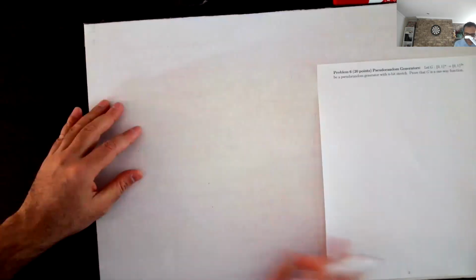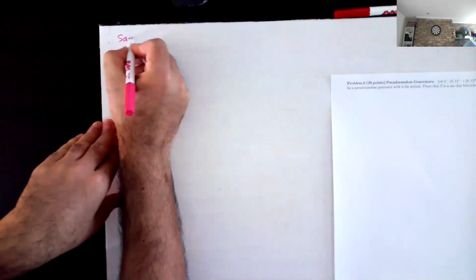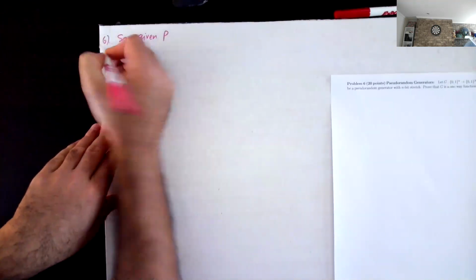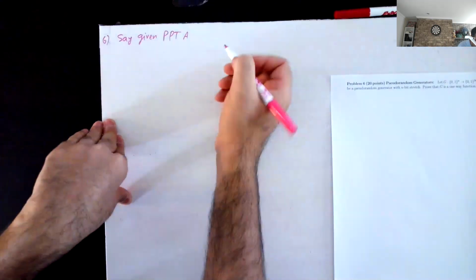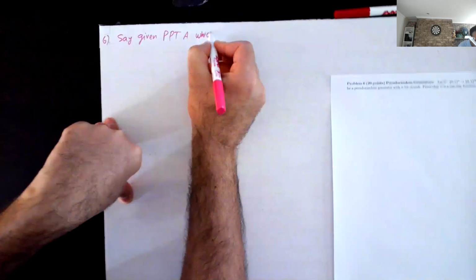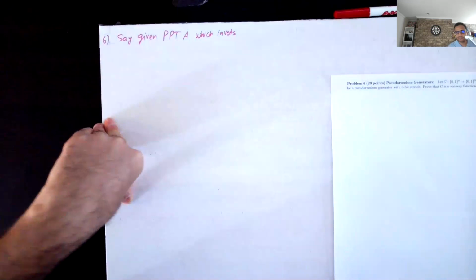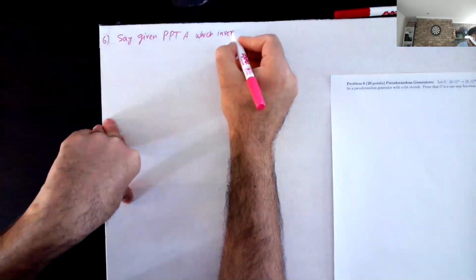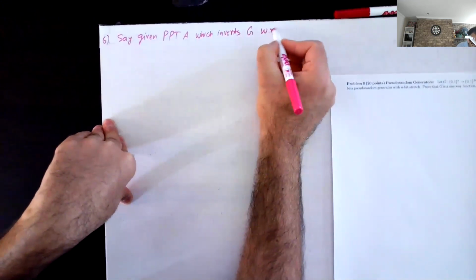Okay, and let's try to do this a little more formally. Prove that G is a one-way function. So say you are given some PPT adversary A, which inverts G with some noticeable probability.